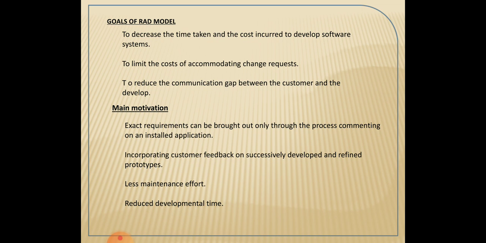When they work on an application, even on a partially developed application, they can realize what they actually need with a software, or what they actually mean by automating their work. But in the iterative waterfall model, the customers do not get to see the software until the development is complete in all respects and the software has been delivered and installed.